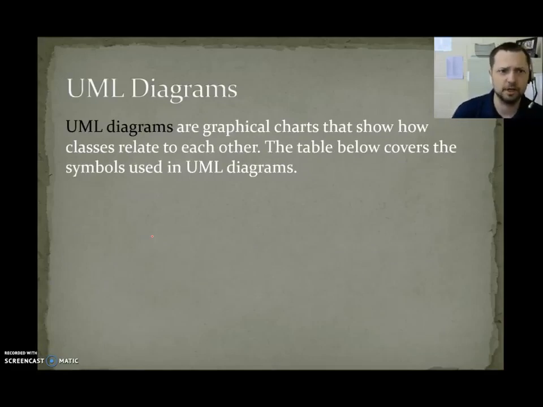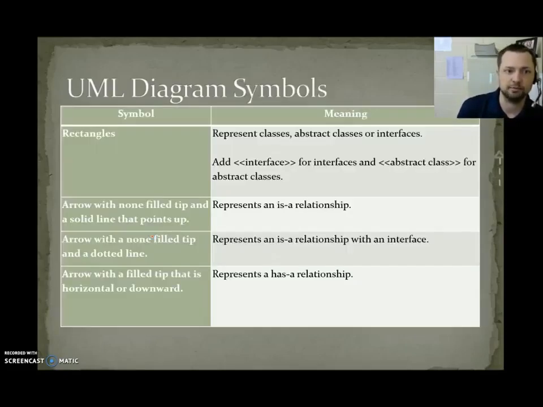UML diagrams. UML diagrams are graphical charts that show how classes relate to each other. The table below, or on the next page, shows the symbols used in UML diagrams. Rectangles represent classes, abstract classes, or interfaces. Add angle bracket interface angle bracket for interfaces.